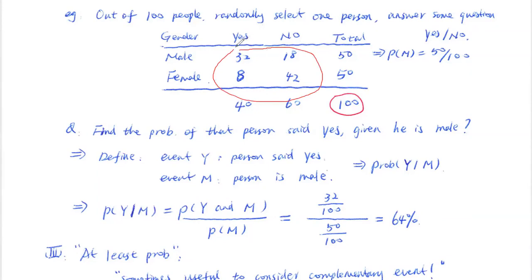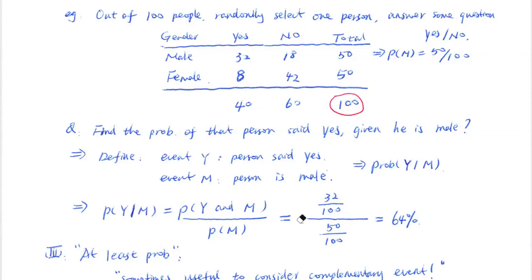We have 32 males who answered yes, and 18 males who answered no. Then we have 8 females who answered yes, and 42 females who answered no. We didn't explain which kind of question they're asking, and we are not worried about that.